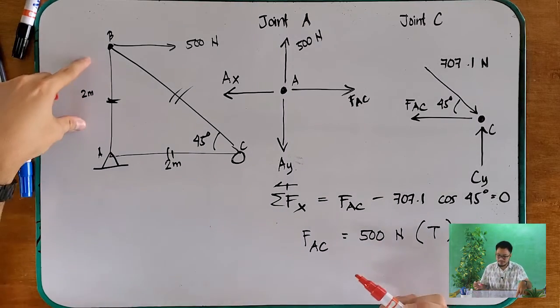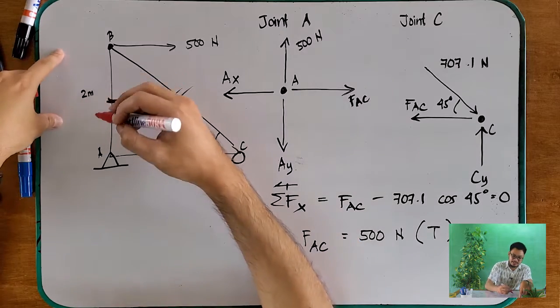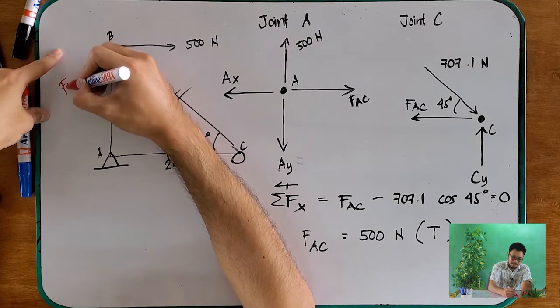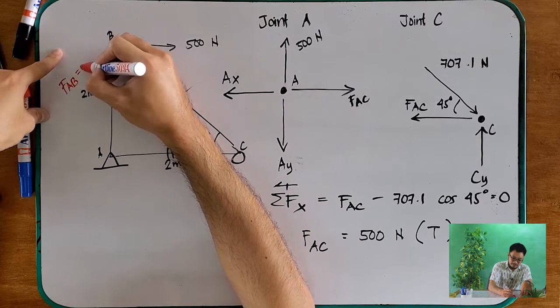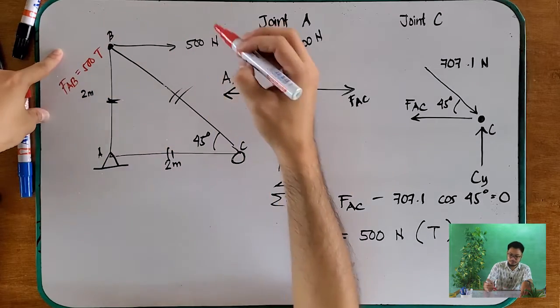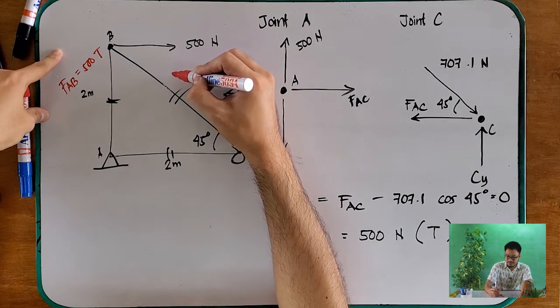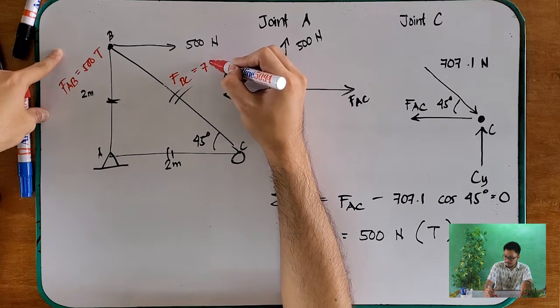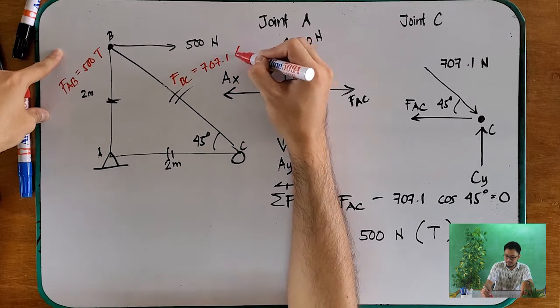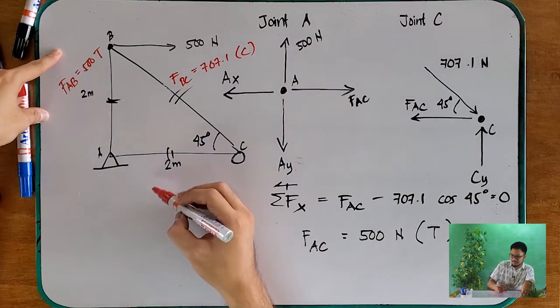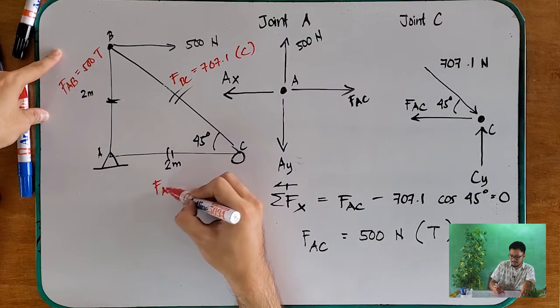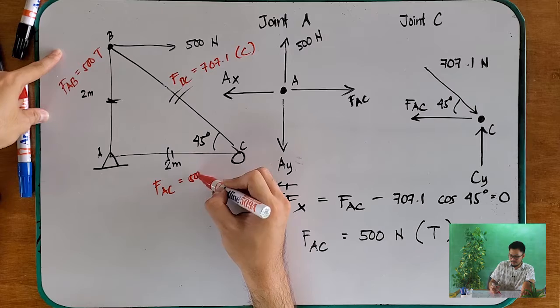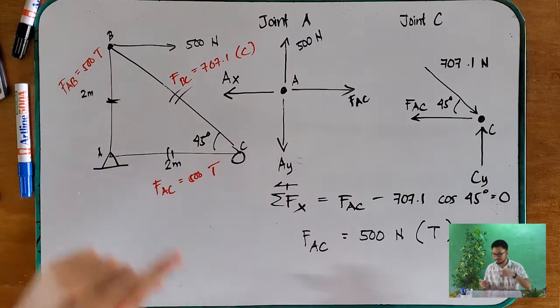So we have now our final answer. Sa atong FAB, we knew that this one is 500 tension. This one is FBC, 707.1 compression, and this one is FAC, 500 tension.